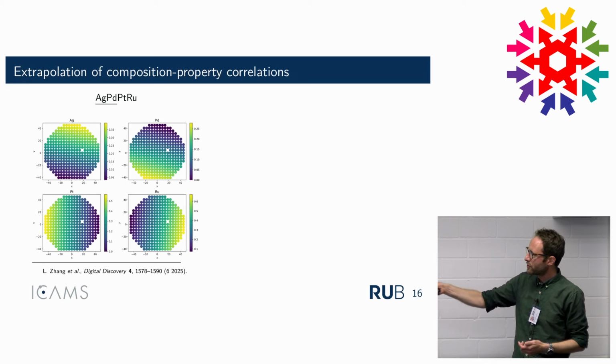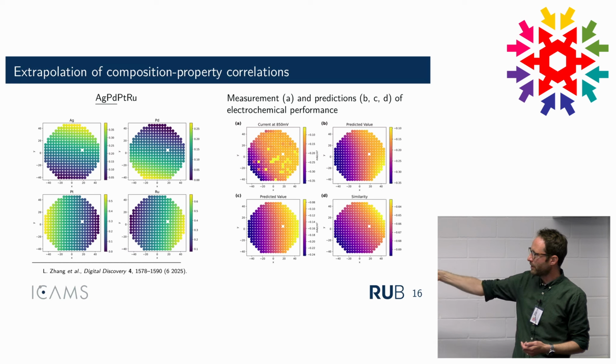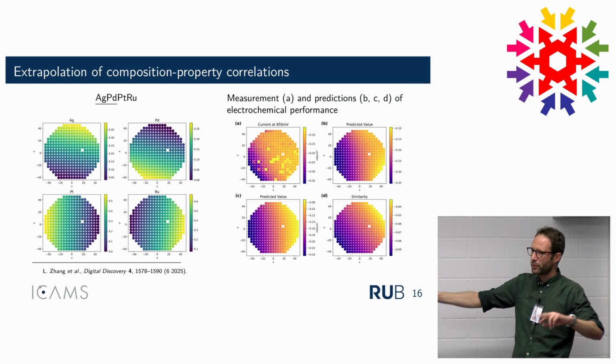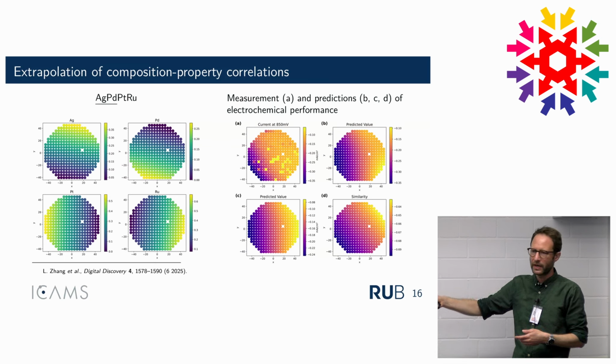And this higher dimensional composition space is then the shared one, silver, palladium, platinum, ruthenium with the different gradients. And you can see here the performance. This is the measurement with these outliers that you can see here, so there was actually nothing measured. This is a Gaussian process that uses fractional compositions as input. This is a combination of word vectors and fractional composition, and this is what we developed, what we call a similarity measure.